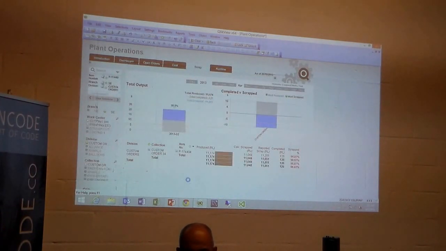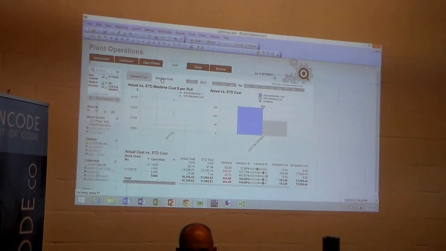So I can click on it and then go into my cost and look at my machine. I can then see the operations. This particular operation is the one that generates the most scrap. This operation relates to a machine, relates to a shift.